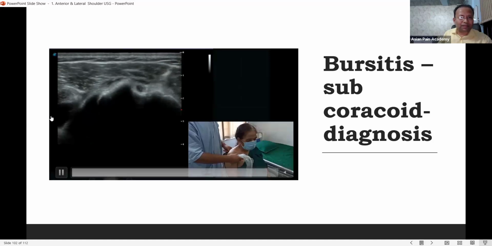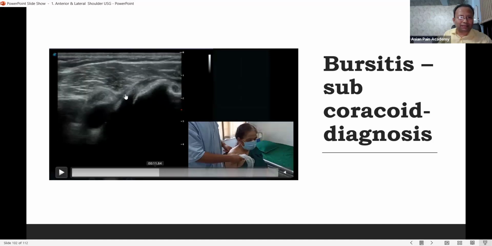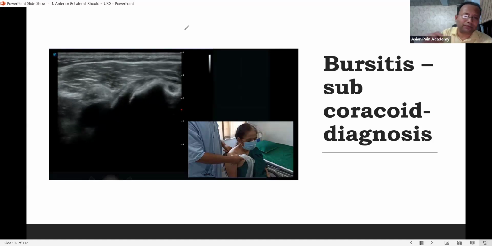You cannot say that there is a rupture, because you can see the subscapularis muscle here. So this is the subscapularis tendon, and this fluid is above the subscapularis tendon. Can you see clearly? If someone cannot see, please tell me.